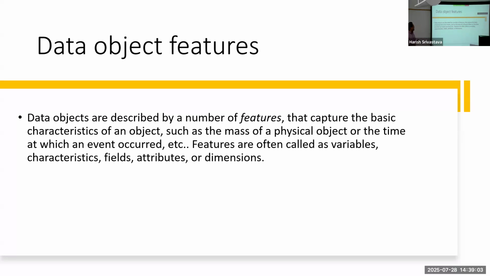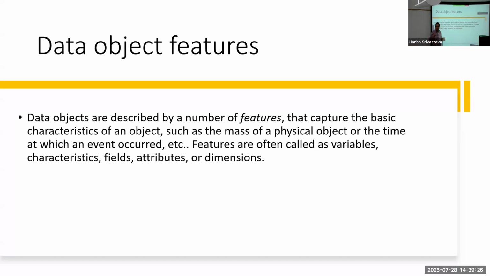Features are often called variables, characteristics, fields, attributes, or dimensions. You will find the words feature, variable, characteristic, field, attribute used interchangeably in the documentation. If you are confused, forget about all the words, just remember feature. Features are nothing but the column names which are defined in your source data.